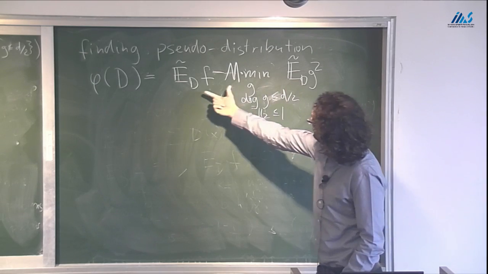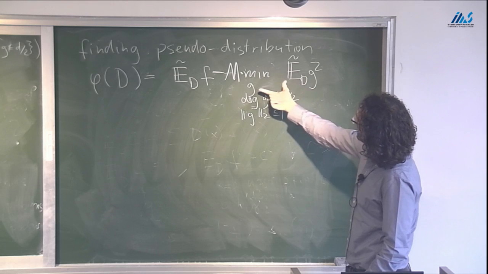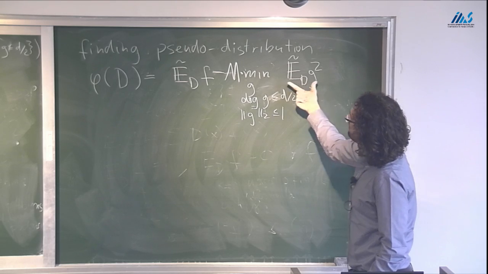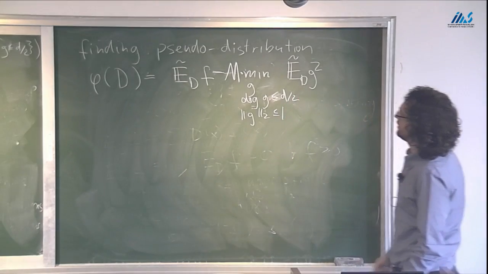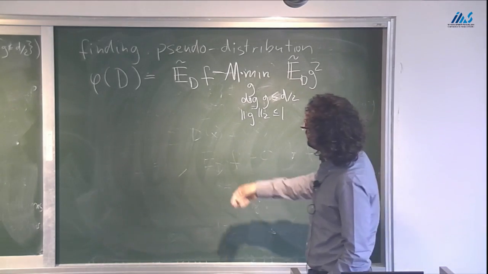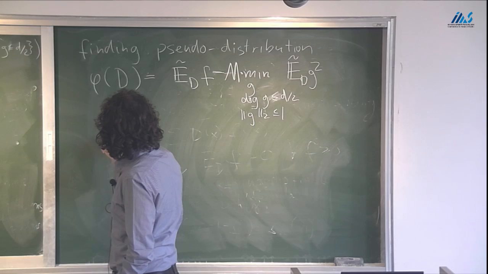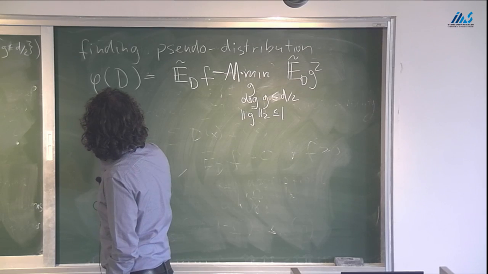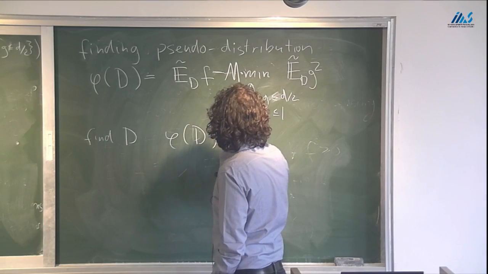If this whole thing is negative, it tells you that for every function g, this is always at least minus 1 over m, and on the other hand, this should also be negative, and so this is indeed enough. So finding a pseudo-distribution that satisfies these conditions is the same as finding some d such that this here is negative.